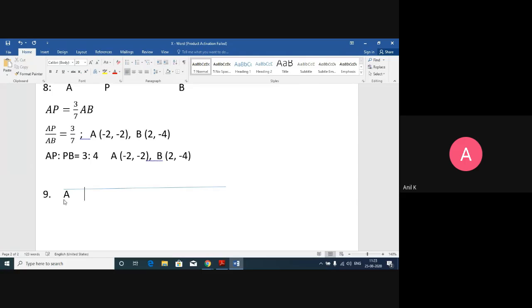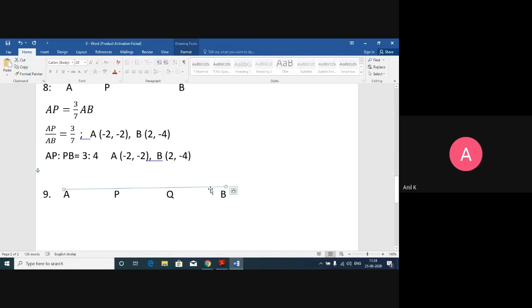Point A. Equal parts means the line segment joining A and B is divided into 4 equal parts, and A and B should be at the corner points. So let me take these as P and Q. Here AP equals PQ equals QB.